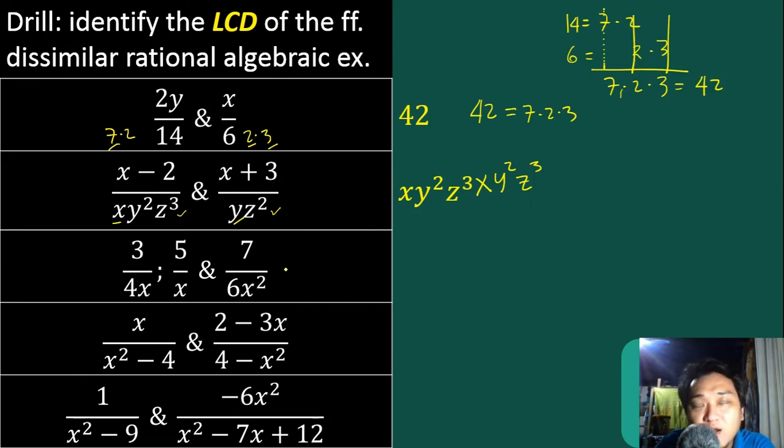Okay, next. What will be the LCD of 4x, x, and 6x squared? For the rational algebraic expressions 3 over 4x, 5 over x, and 7 over 6x squared. Remember that 4 is 2 times 2. How about 6? 6 is the same as 2 times 3. Tapos meron ka pang x, may mga x ka dun.